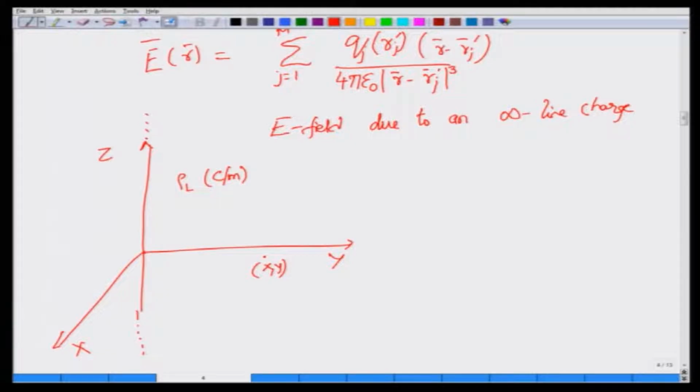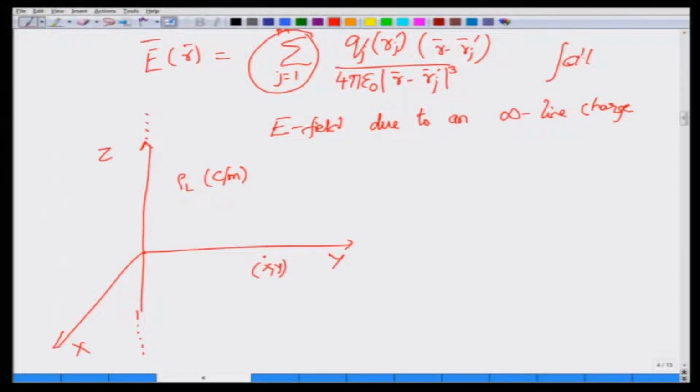Okay. How do I find the electric field? Well, we are going to use this superposition rule that we have written down here, except that this summation will now become an integration over the line along which the charge is distributed.